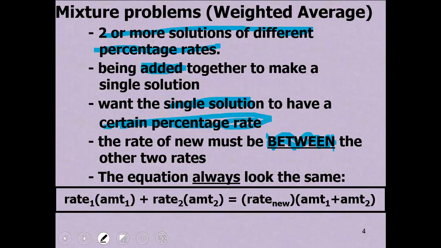The good news about this is like the equation, you can set the equation up the same way every single time. It always looks like the rate or the percent times the amount of the first solution plus the percent times the amount of the second solution has to equal the new percent times the sum of those two amounts. Okay, because you're adding them together.